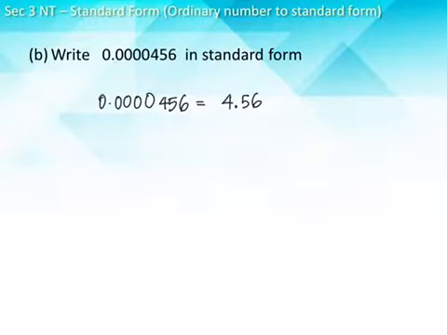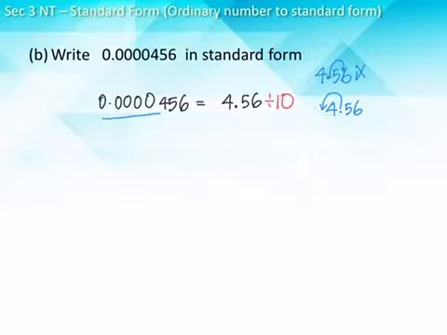However, when we look at this number, if I were to multiply 4.56 by 10, it will become a bigger number. But now, this is 0.0000456. I need to make it become a smaller number. So I need to take 4.56 and divide by 10 so that my decimal place will shift to the left by 1 unit. So in this case, we are going to divide by 10.